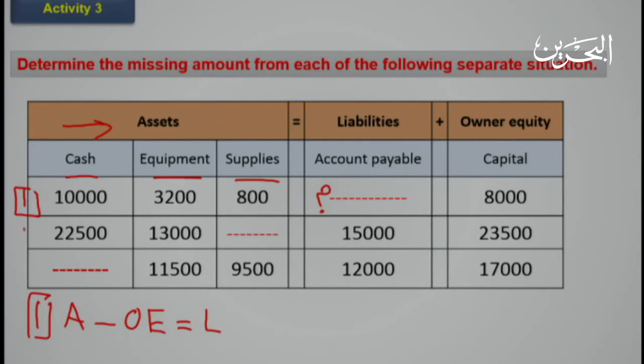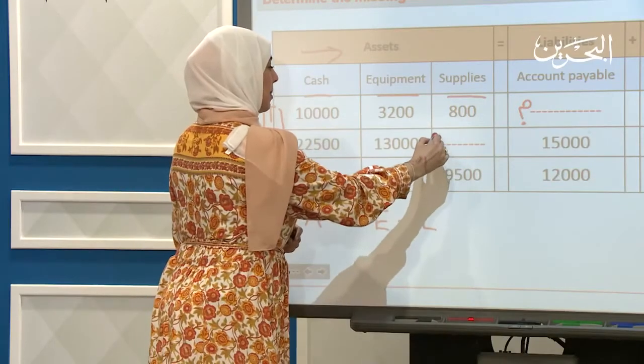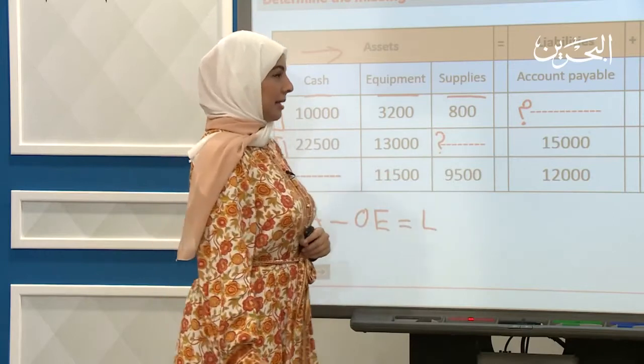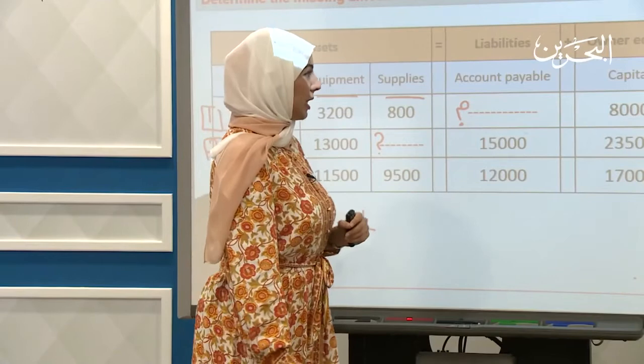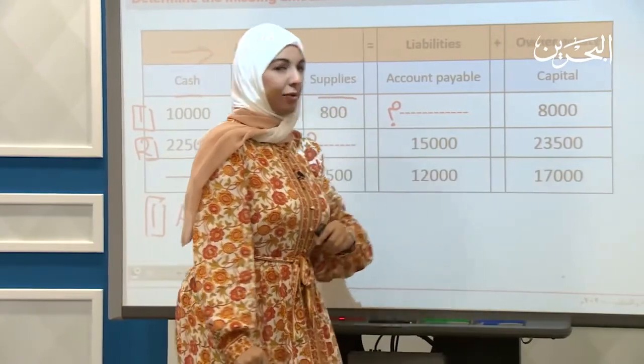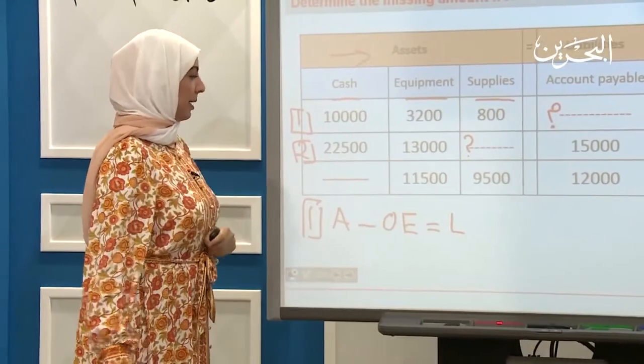In the second example, I have the assets, I have the cash and equipment, but I miss the supplies. And in the liability section, I have the liability figure, which is 15,000, and also I have the owner equity with 23,500.